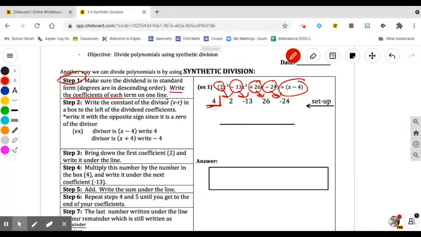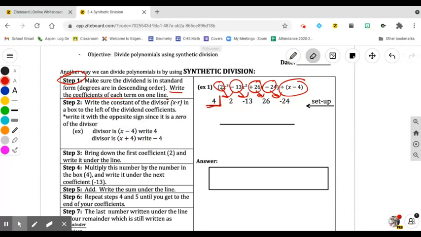If you remember, the zeros of a polynomial are where they hit the x-axis. To find the zeros, you have to find the factors, which look like this, and then the zero is just the opposite sign. Remember when we did solving quadratics, we set it equal to zero and took the opposite sign? We did that a while ago.